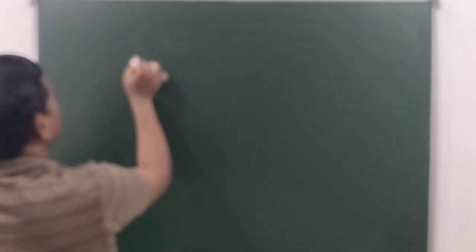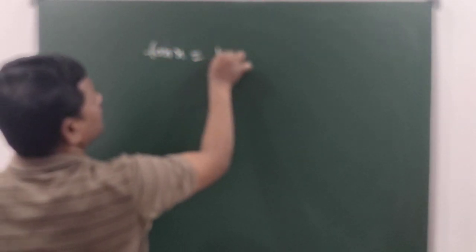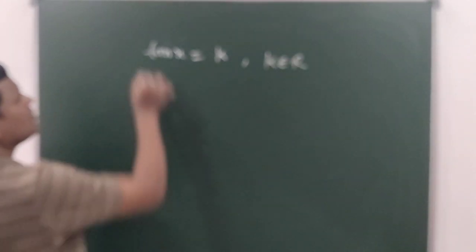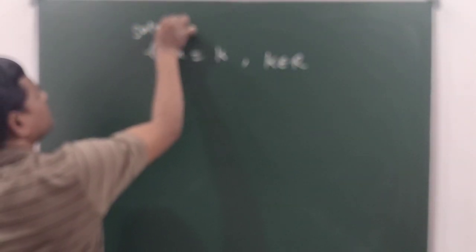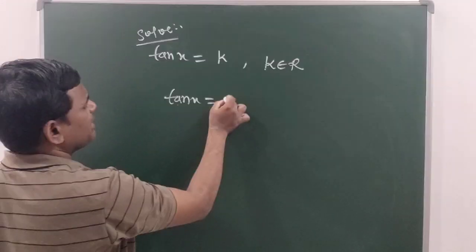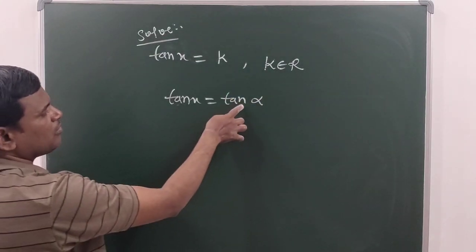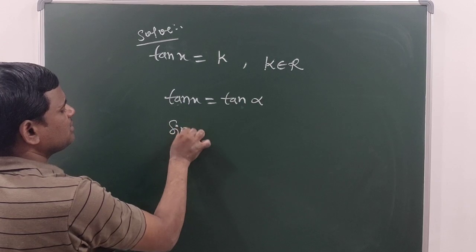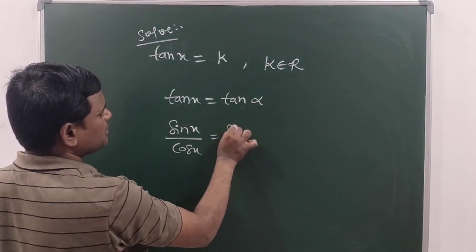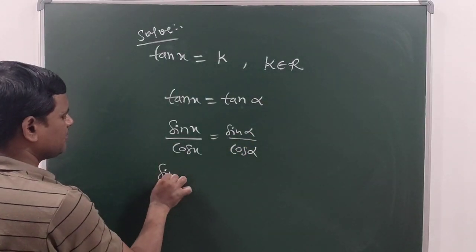Now, let us solve tan x equal to some k, where k belongs to any real number. How do you solve this equation? Now tan x is equal to this k, you have to write it as tan alpha. Now express this in terms of sine and cos. So sine alpha by cos alpha. Now take cross multiplication.